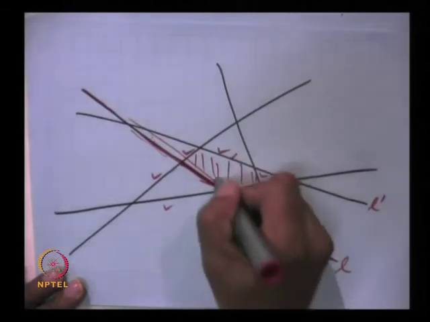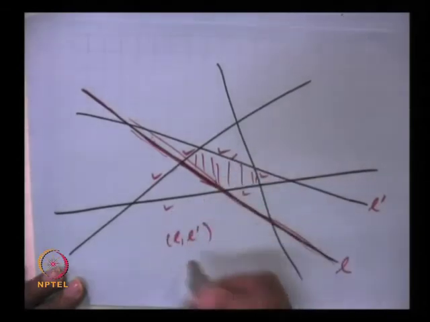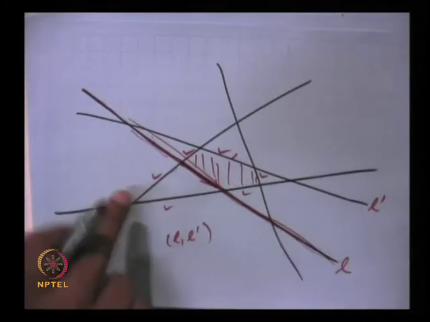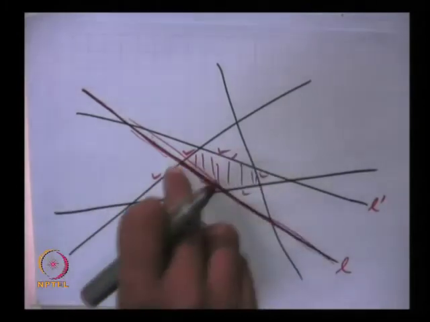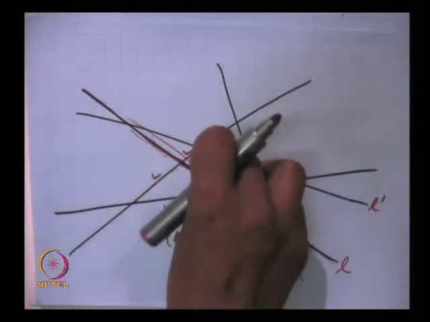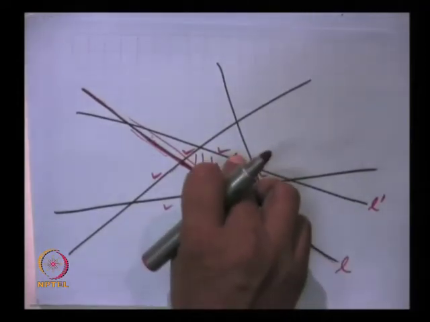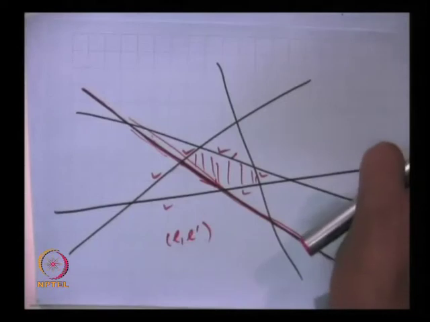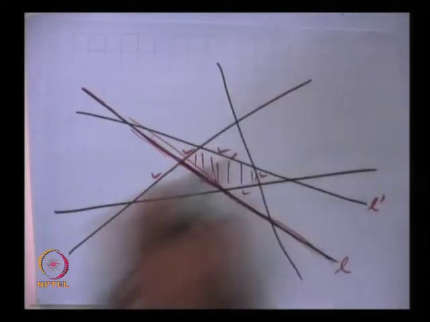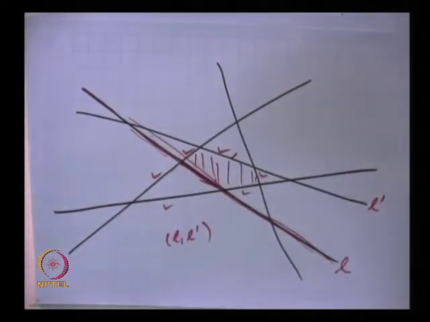Notice that the way I wrote the sum, this pair is being counted twice. Once when I pull this line L out and I count L with L prime, and the second time when I pull L prime out and I count L prime with L again. So, I counted each pair twice, that is why I have 2 n_f choose 2. Is that okay?